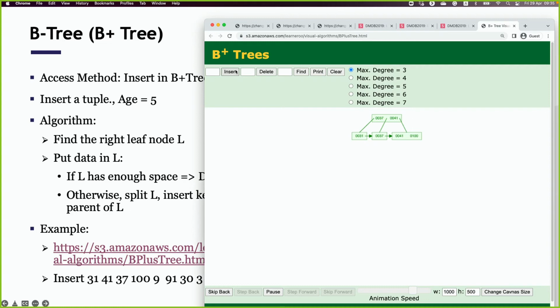And then you can insert, for example, another one, like 9, right? So it's the same. You are going to actually insert that to this node, right? And then you do not need to split, something like this. We'll have like 91. That becomes a little bit interesting because you want to insert 91 to the third leaf node on the right-hand side. And then you are going to split it.